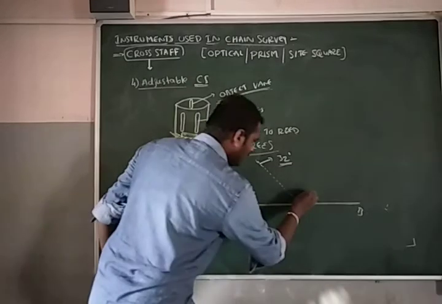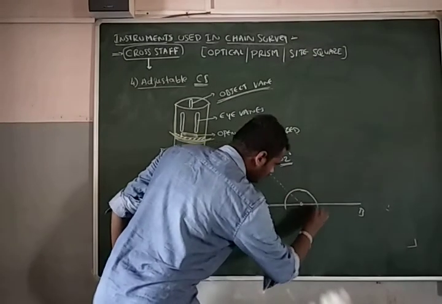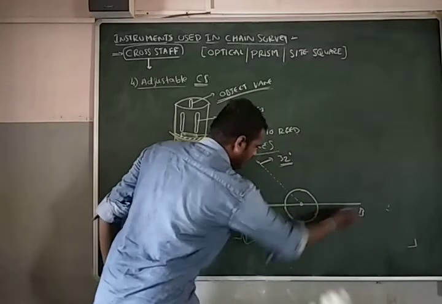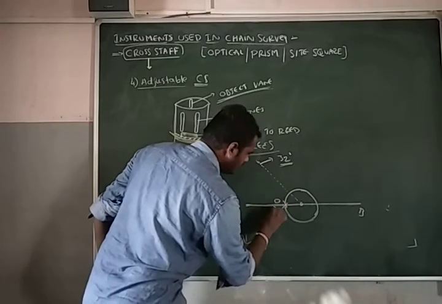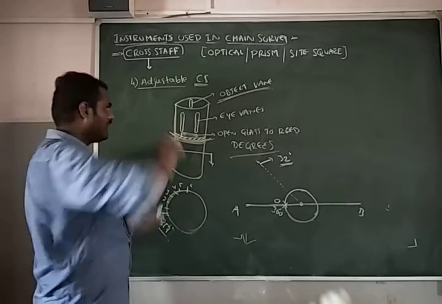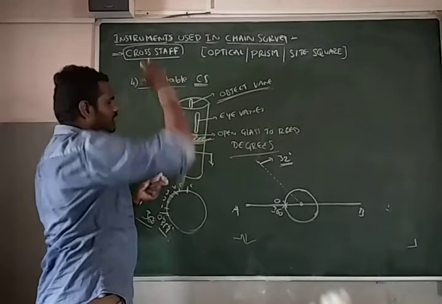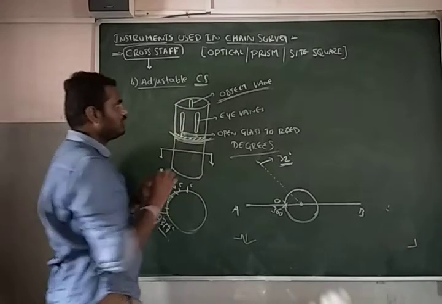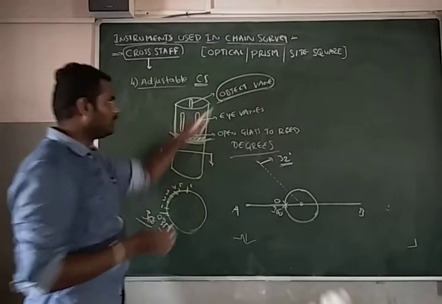So now I am going to mount it here, such that this AB main line is coinciding with 0 degrees or 360 degrees. Now I have a movable ring or movable cylinder at the top.